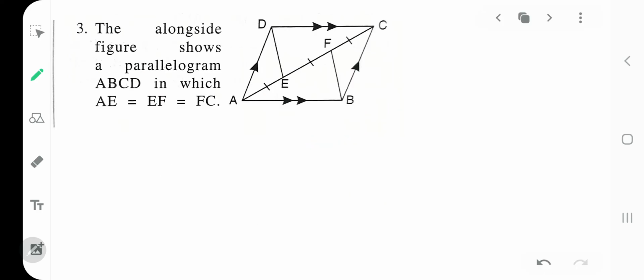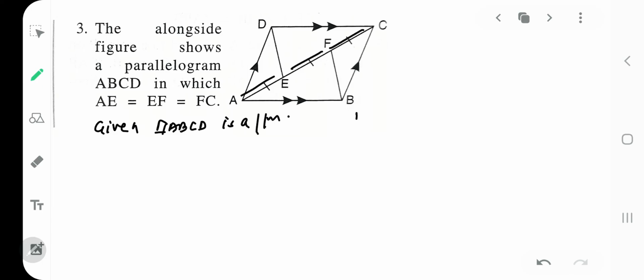Next we have problem number 3. The alongside figure shows a parallelogram ABCD. It is given that quadrilateral ABCD is a parallelogram, and it is also given AE is equal to EF is equal to FC.